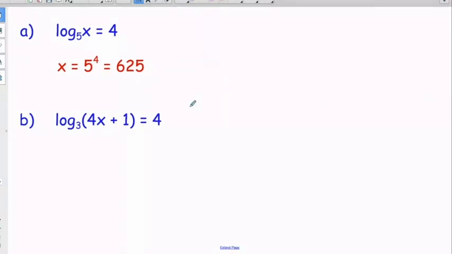It's a bit more complicated this time. We've got our original relationship. I'm writing it backwards because these have been written backwards. Log to the base b of y is equal to x. Because that's then going to allow me to write that this is my b, this is my y, and this is my x. And then I could just stick it in here. So we've got 3 to the power of the x term, which is 4, needs to equal 4x plus 1, the y term.